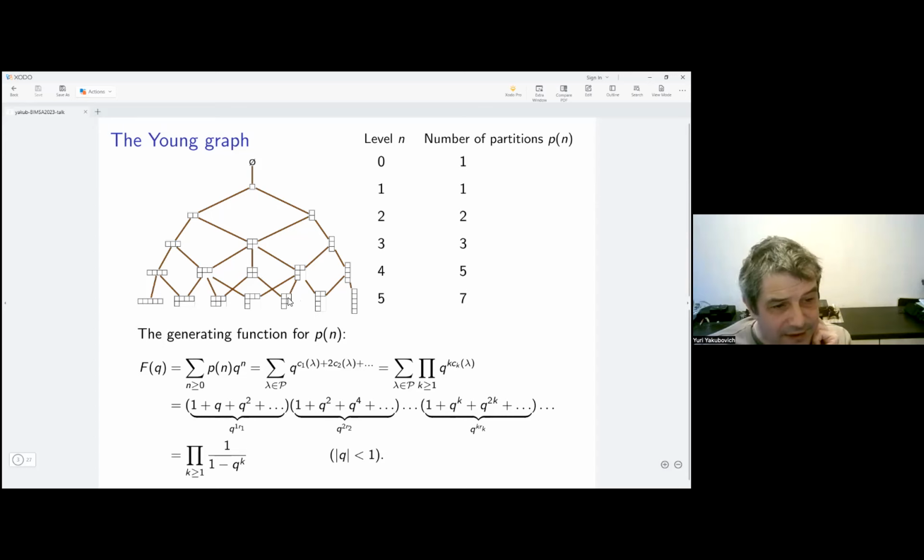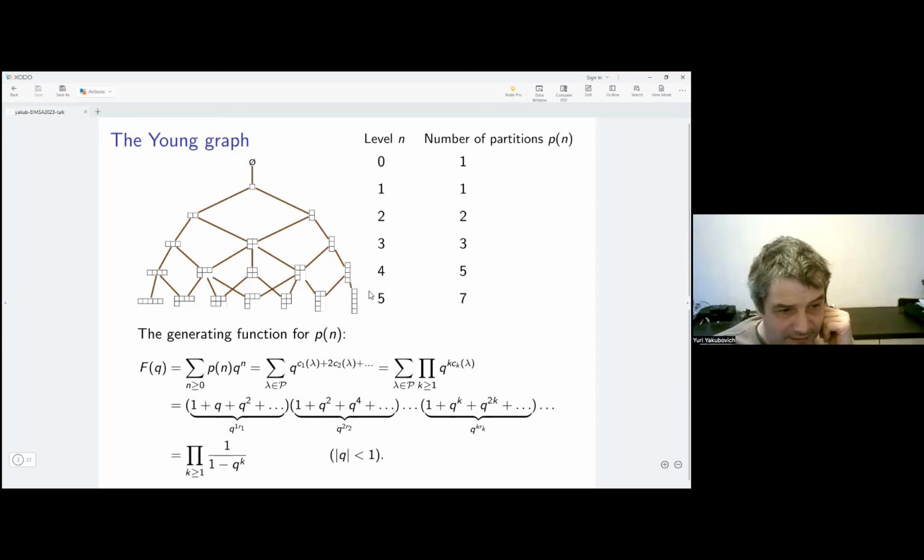These partitions are naturally arranged in levels, which are just the size of the partition, or the area of the Young diagram.